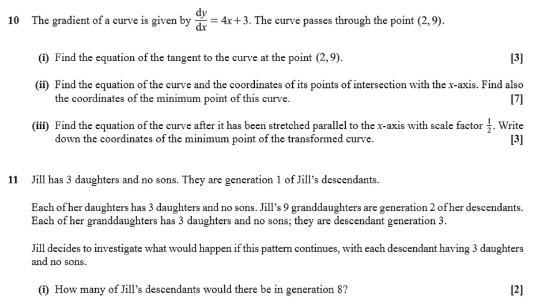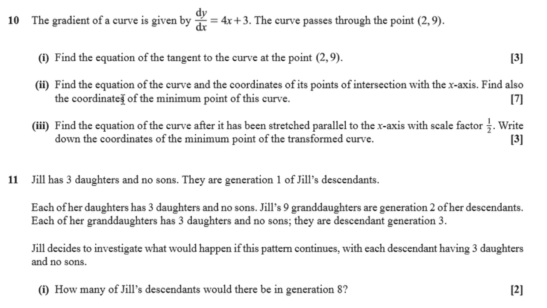Question 10, we have a curve with gradient 4x plus 3, and the curve passes through the point (2, 9). Part 1 is to find the equation of the tangent at that point, and part 2 is find the equation of the curve and the coordinates of intersection with the x-axis, or their roots.